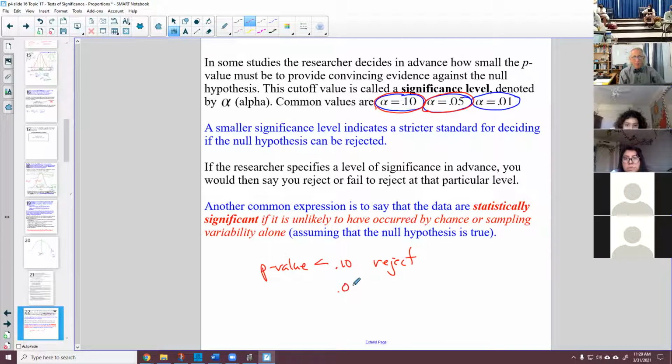So a 0.10 might be over here, giving me this much right here. This would be a 0.10 probability. A 0.05 would be over here, so it would be a smaller probability. And then a 0.01 would be an even tinier probability in order to reject the null hypothesis.